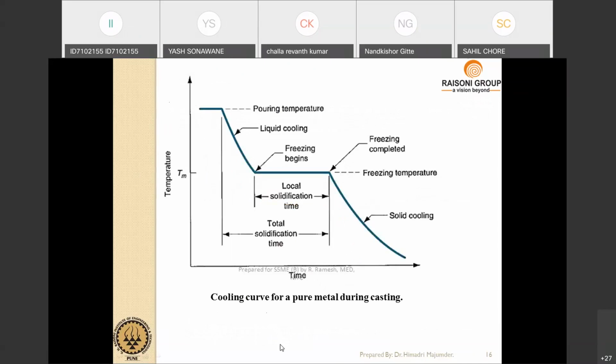Another example has been shown here: cooling curve for a pure metal during casting. I hope all of you know what casting is, right?